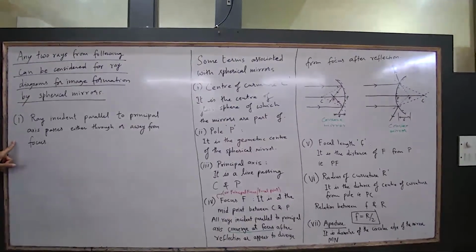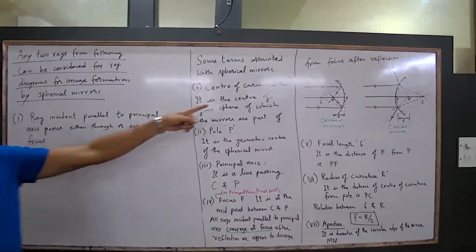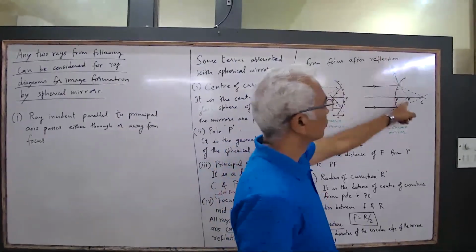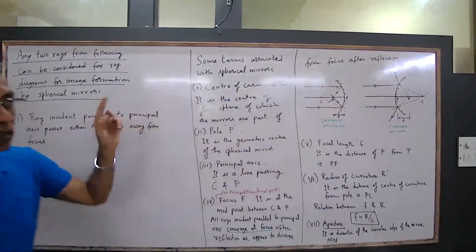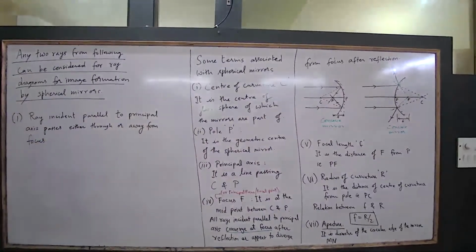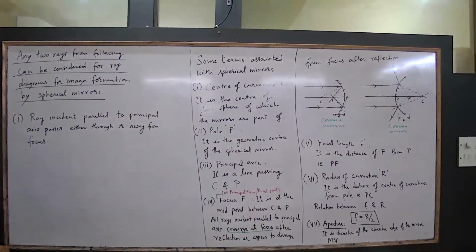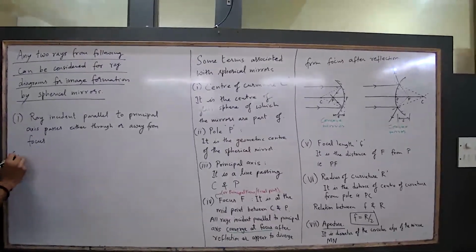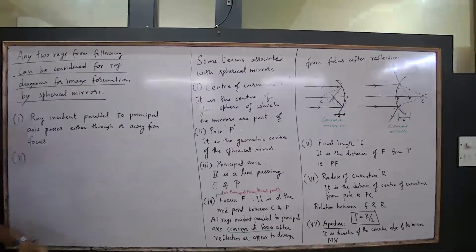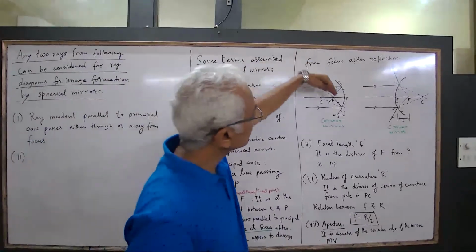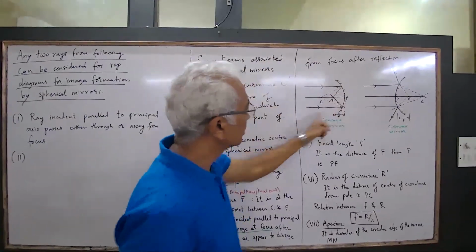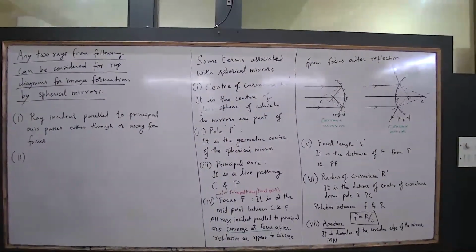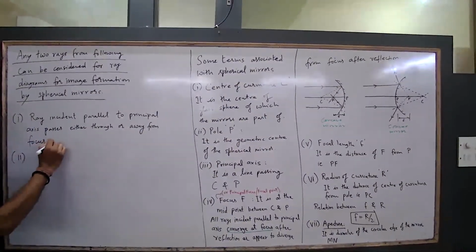So do you understand this statement? A ray which is incident parallel either passes through focus or goes away from focus. Okay, so that's the first point that you already know. Second point, the reverse is also true. The ray which is incident along focus, after reflection it becomes parallel to principal axis.